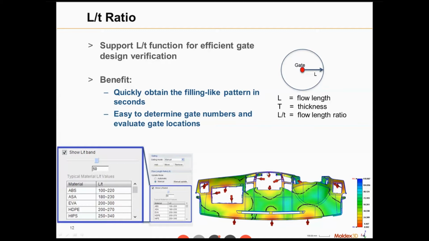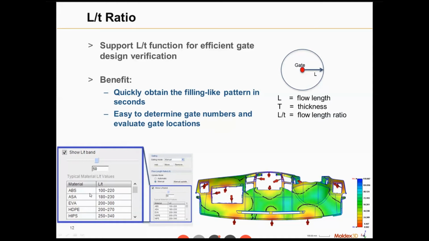As long as we put the gate on the cavity, we can start to use this tool. As long as we put the value in the flowability ratio, it will show a black circle. It means this is the current flowability value. So we can scroll the bar to check whether the value is within the suggested material range. For example, if we choose ABS, we can find there's a minimum and a maximum value.